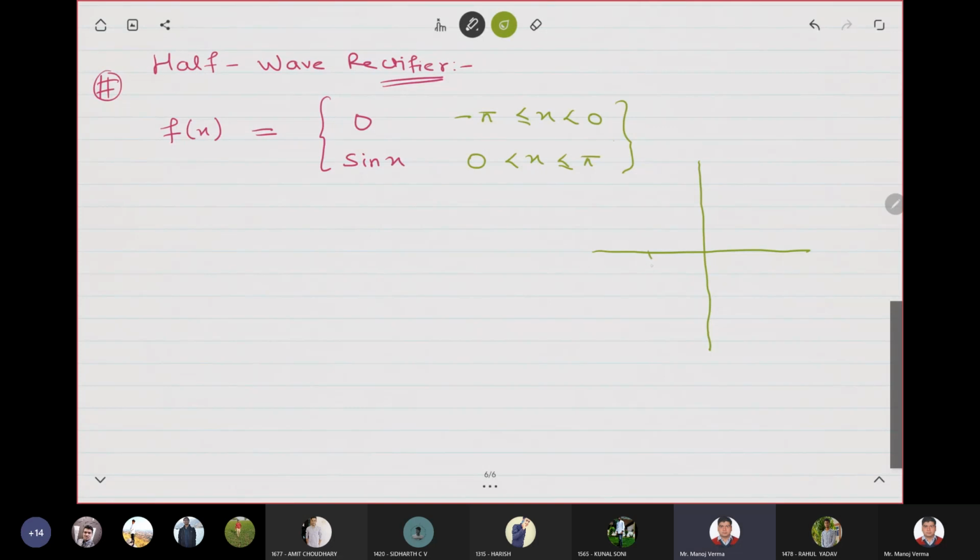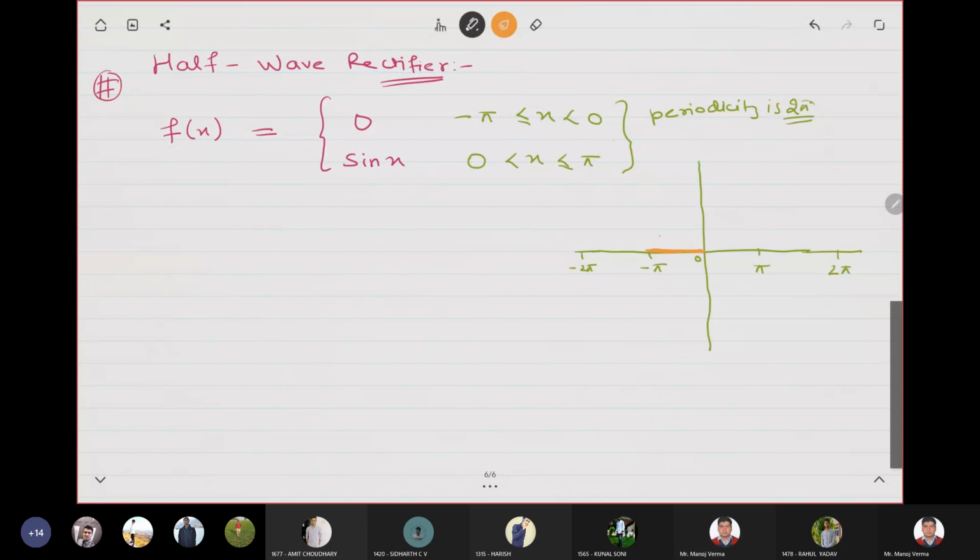Let's say this is minus pi, this is pi, this is 2 pi, this is minus 3 pi. Again, this function is defined with periodicity 2 pi. From minus pi to 0 you can see that the function is 0.